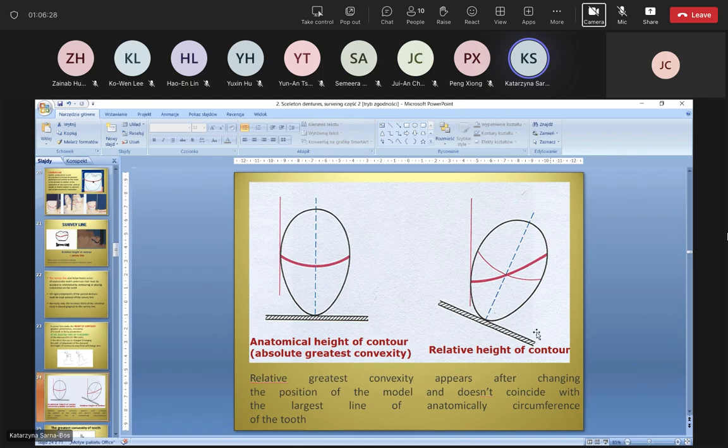But when we change the position of the model, according to the tip of the graphite marker or analyzing rod, the position of the greatest convexity is changed. So the related greatest convexity appears after changing the position of the model and doesn't coincide with the largest line of anatomical circumference of the tooth.